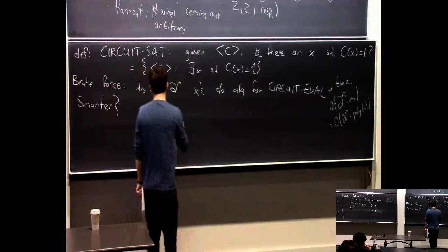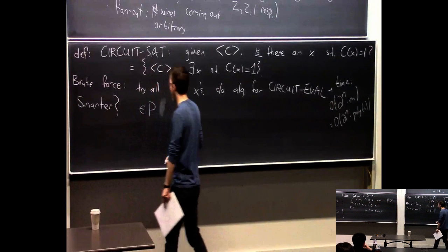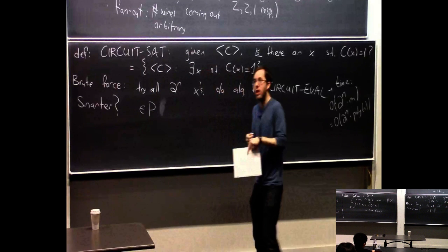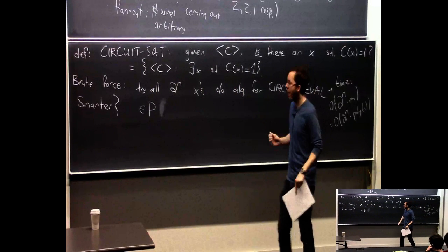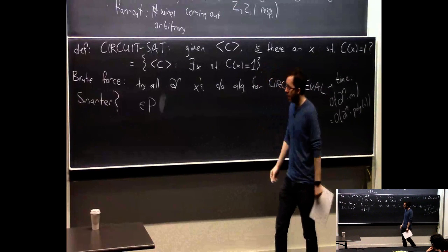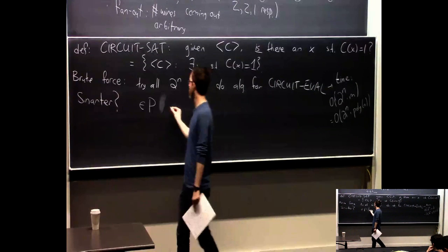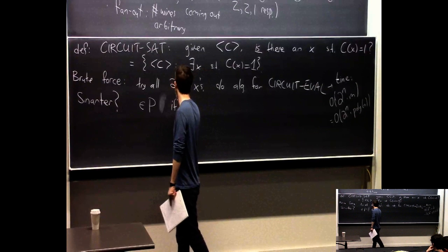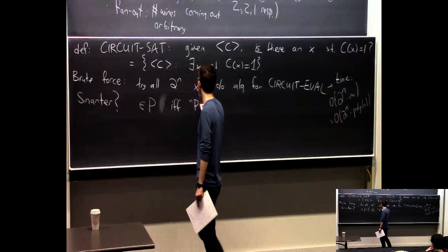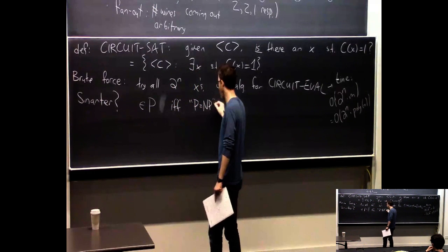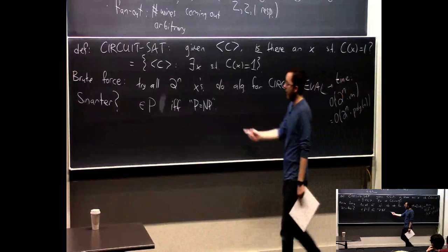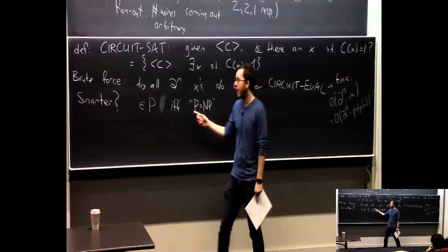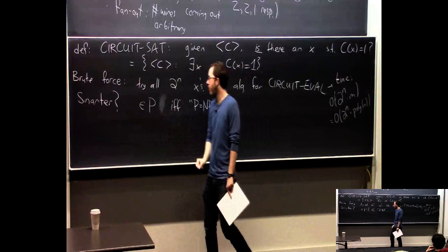And in fact, one thing that we're going to do for the next couple of weeks is talk about NP and NP completeness, which I know you've seen before, but we'll get into it in more depth. And one thing that's true is it's in P if and only if this thing called P equals NP holds. Hopefully you remember that from 251. But most people believe that this is not true, that P does not equal NP, which means that circuit SAT does not have a polynomial time algorithm.